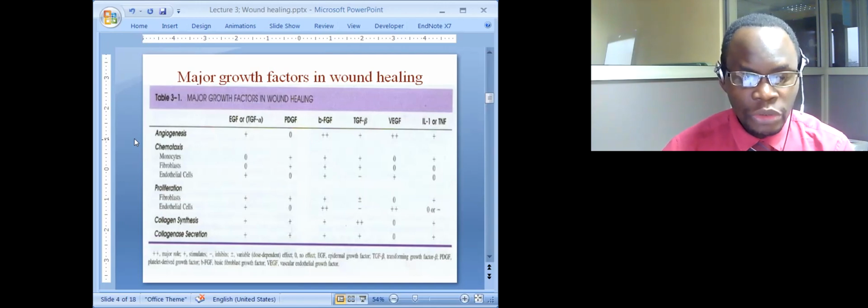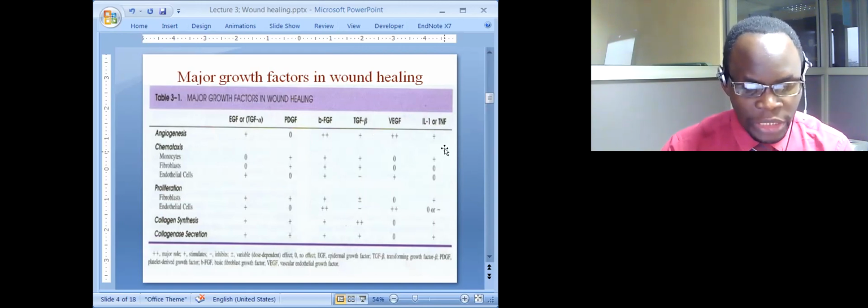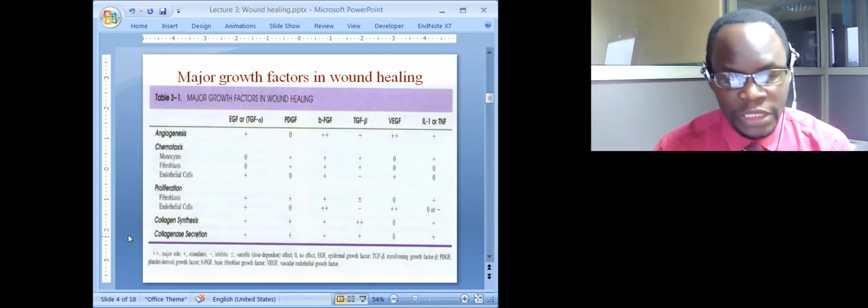And also interleukins, and then tumor necrosis factor. Interleukin 1 is also a very good growth factor that is identified as far as angiogenesis is concerned.